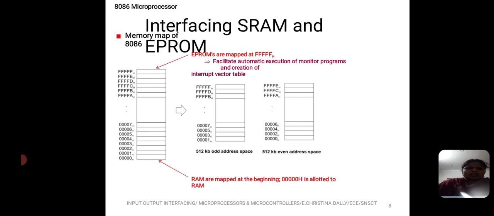The interrupt vector table is available from 00000 to 003FF. Here the RAM is mapped at the beginning and has been allocated there, along with the values allocated to the RAM.